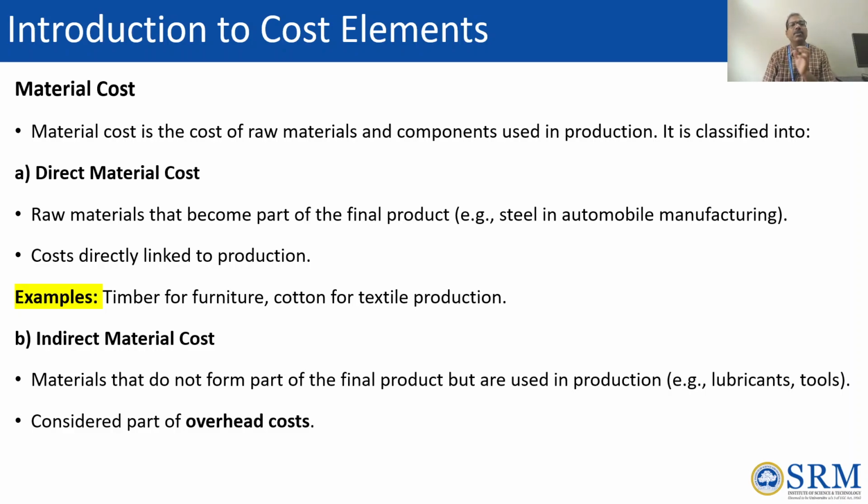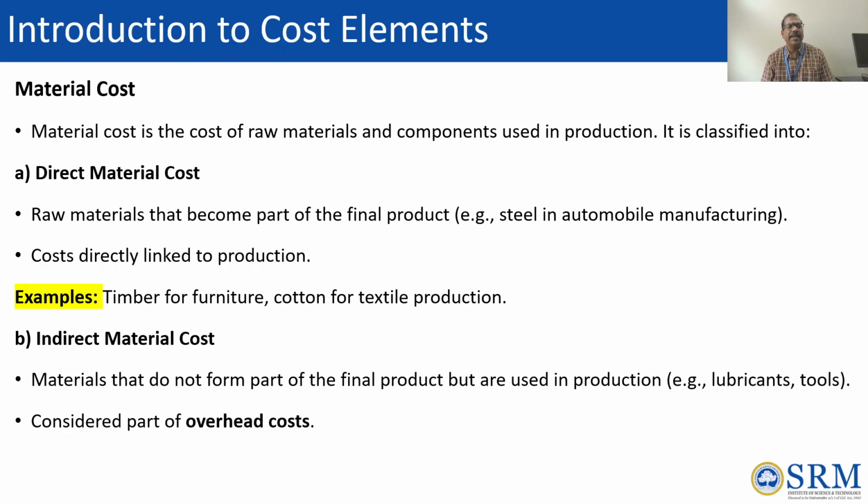Cost directly linked to production is called direct cost. Examples are the steel or timber used in manufacturing, the wood used for furniture, which will be there till the final product, or in the textile industry, the cotton, which will definitely be in the final product. That is considered direct material cost.